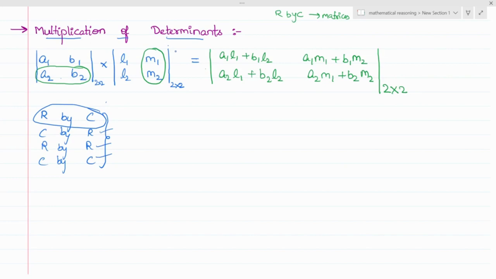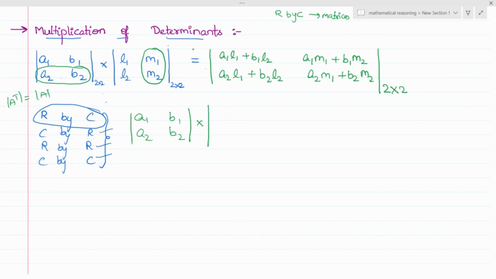Why? Because from these two determinants, if you keep the first determinant as it is, A1, B1, A2, B2, we have already learned in the properties that the determinant of A transpose is nothing but determinant of A itself.